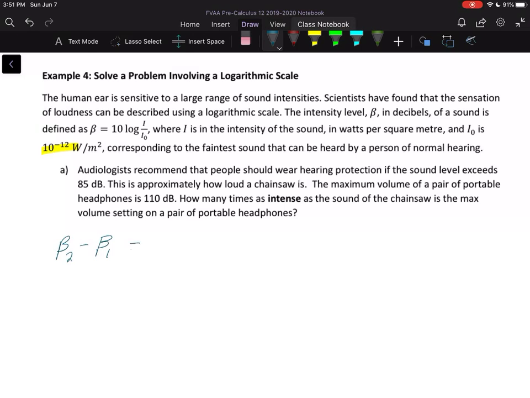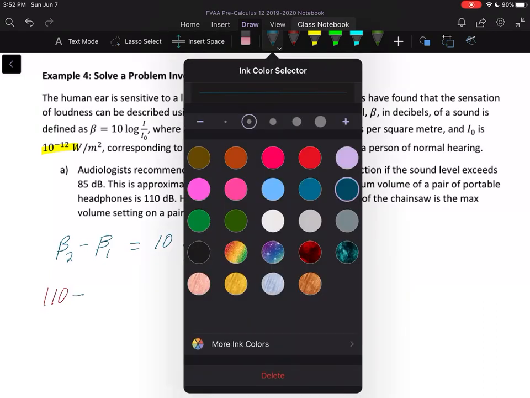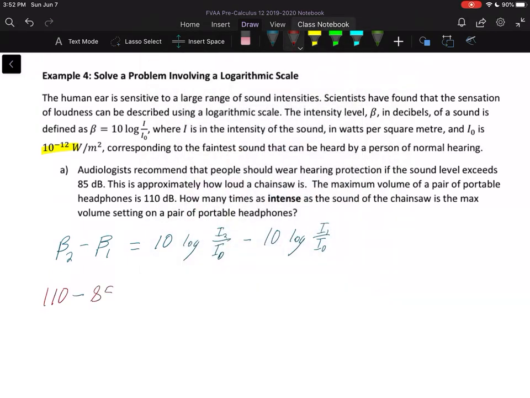Okay, and if we were to set this up using our log, here it would be 10 log intensity 2 over that faintest sound minus 10 log intensity 1 over that faintest sound that people can hear. Okay, and then we're finding the difference of obviously on both sides here. So I'm going to substitute the maximum of the headphones, which is 110, and then that's going to be minus 85.